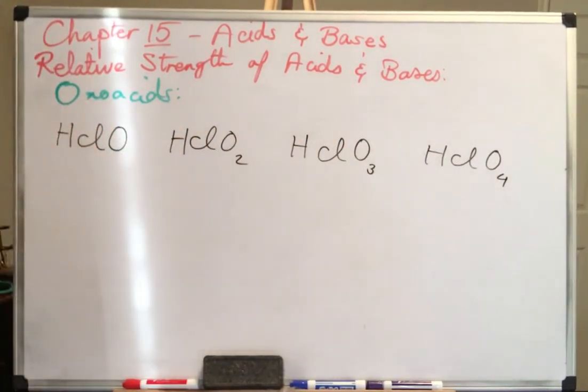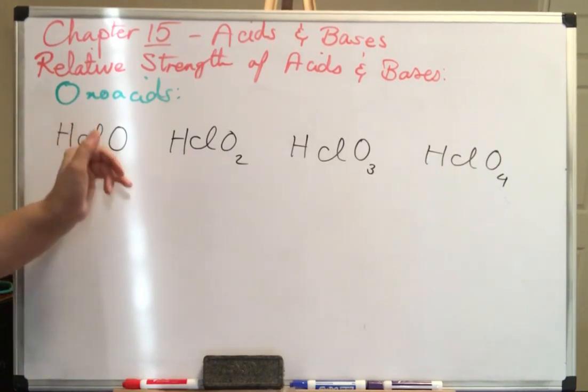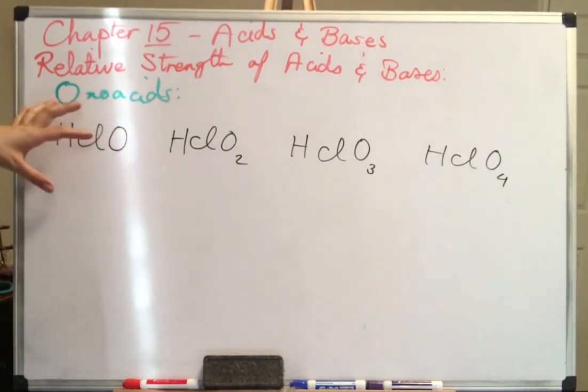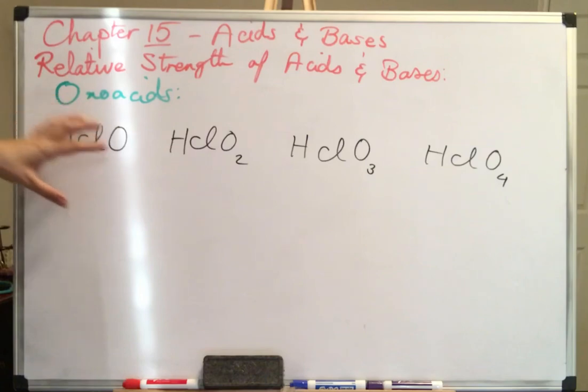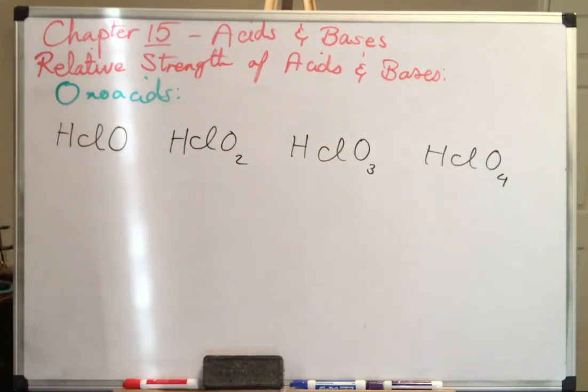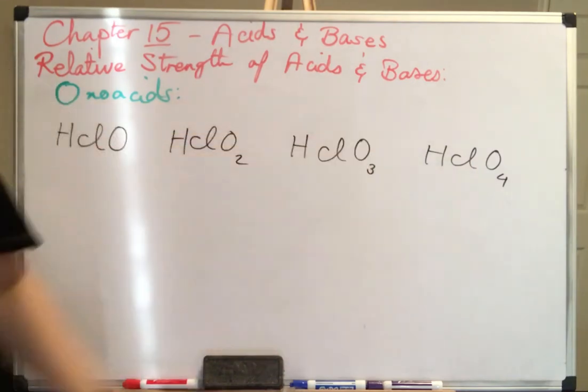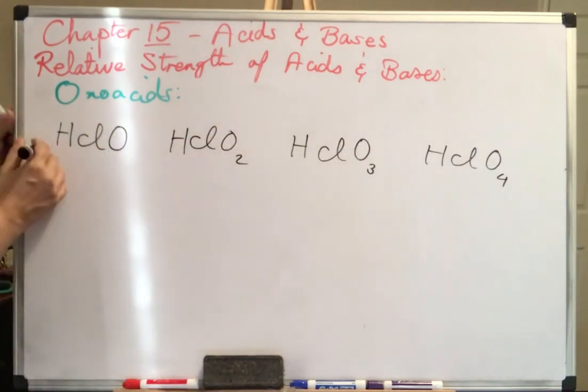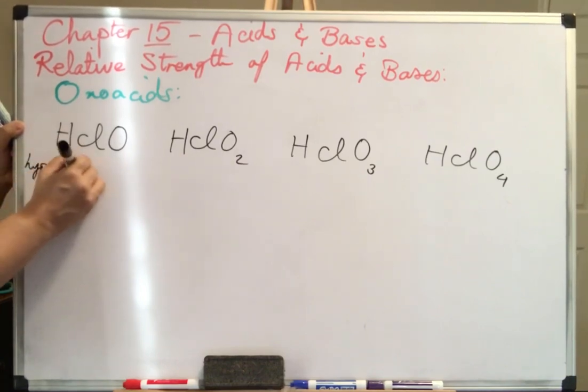All the oxoacids with chlorine. If you remember from Chem 1, it was hypochlorous acid, chlorous acid, chloric acid, and perchloric acid. So the name doesn't matter, but maybe rings a bell.